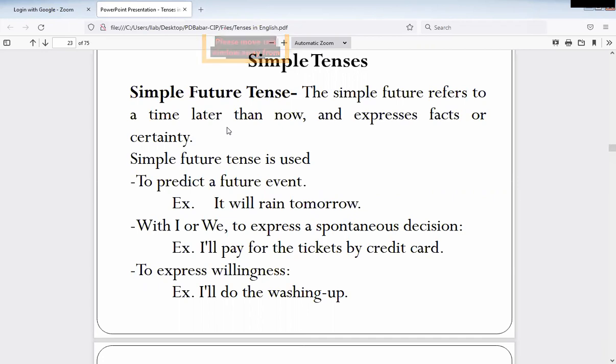The example to predict the future is: it will rain tomorrow. उद्या पाऊस पडेल.